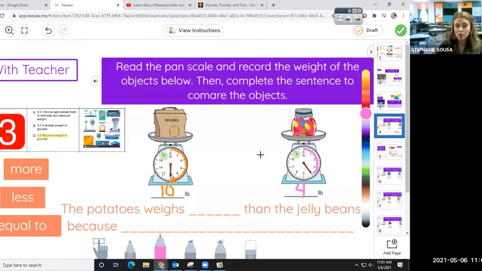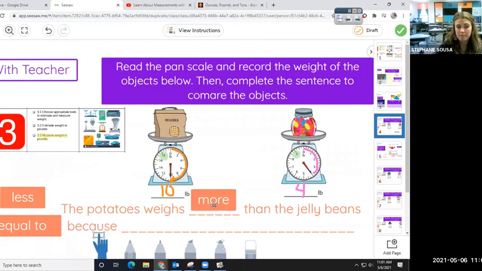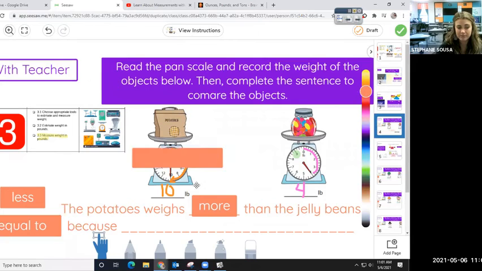The potato weighs blank than the jelly beans. We're going to drag a word.